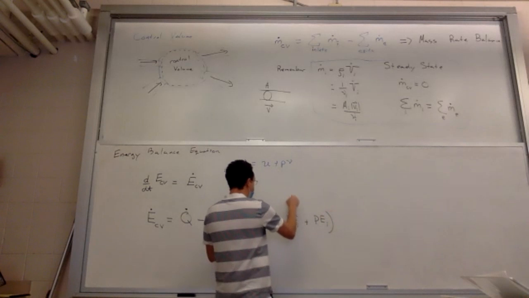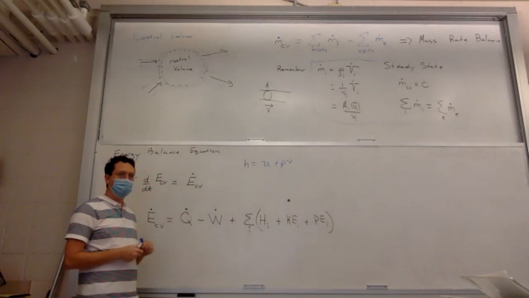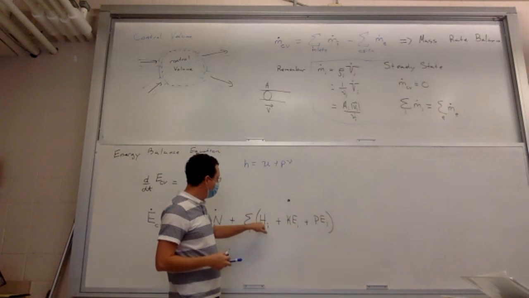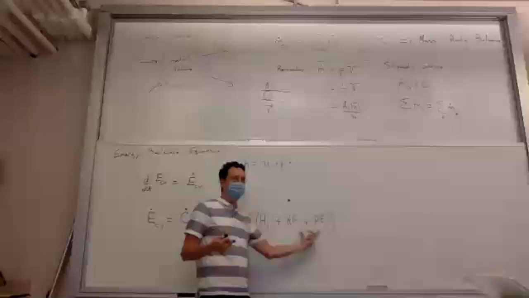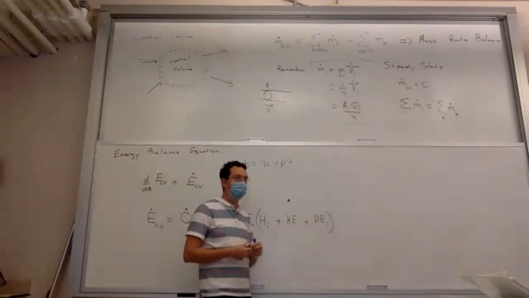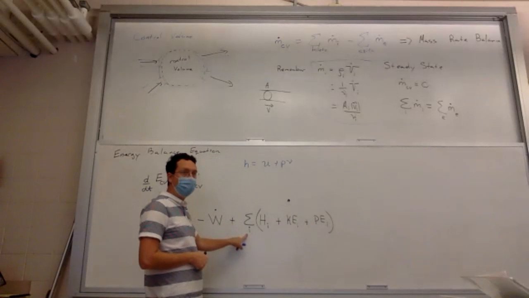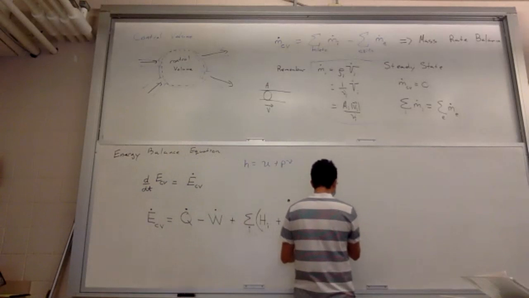All of these, you can take a time derivative of. Is it clear what I mean? It's just the internal energy plus PV and the kinetic and potential energy that might be there. Usually these are numerically small, but just for right now, assume it's there. Those are the inputs, so I'm adding, and then I have to subtract for the exits.